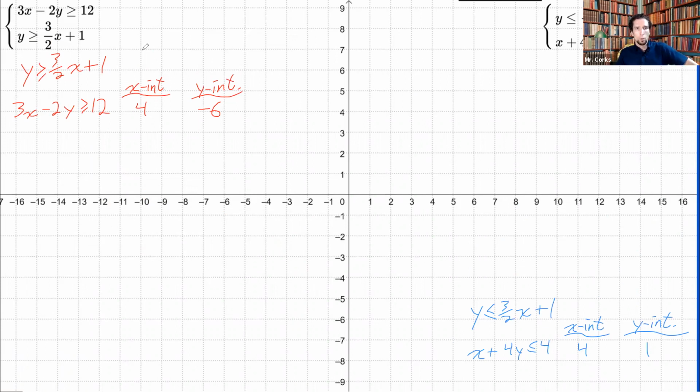Okay, so more color coding. Let's say we'll do this first one here in purple. We have our y-intercept is 1 here, and then our slope is 3 over 2.